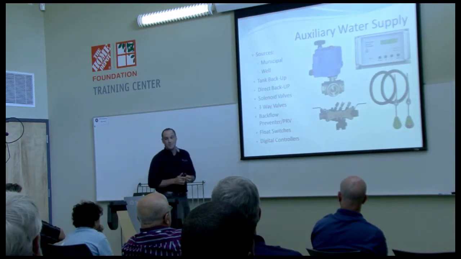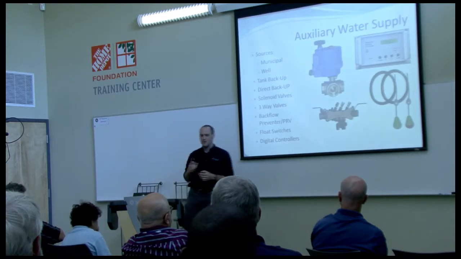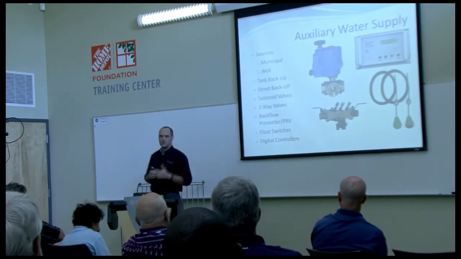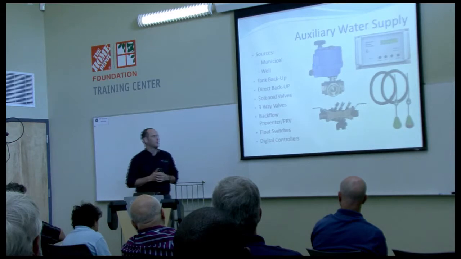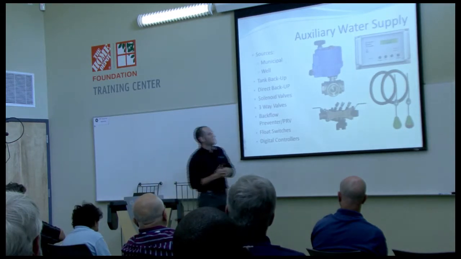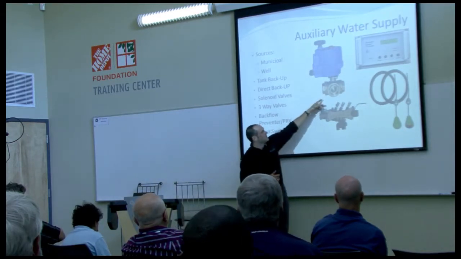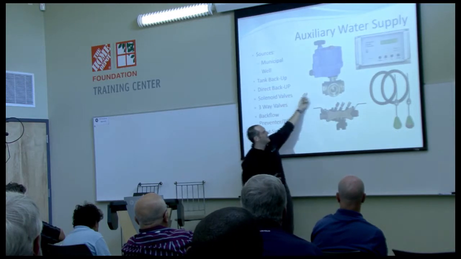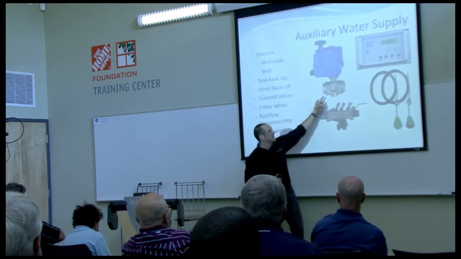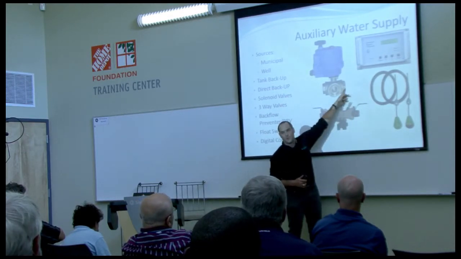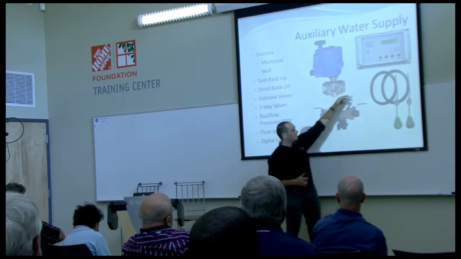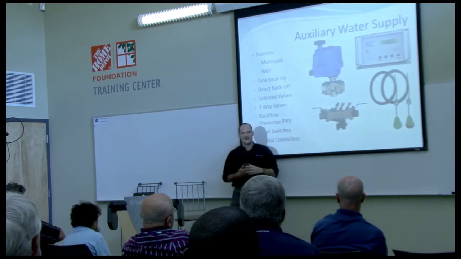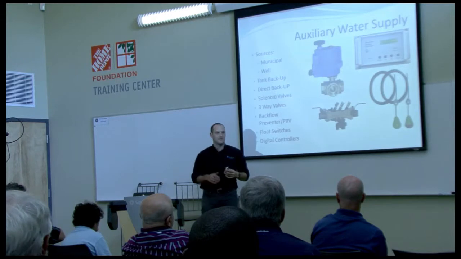Direct backup is when the water level in the tank gets low, you switch directly to a backup, either municipal or well source. That's commonly done with three-way valves. So here you have a 3-port valve. You would have the rainwater coming in one side, and say your municipal water coming in the other side. You would have a level control in the tank, usually with a user-defined limit.